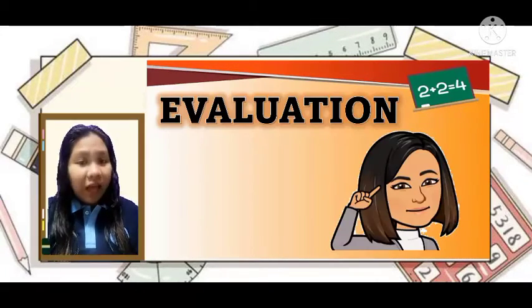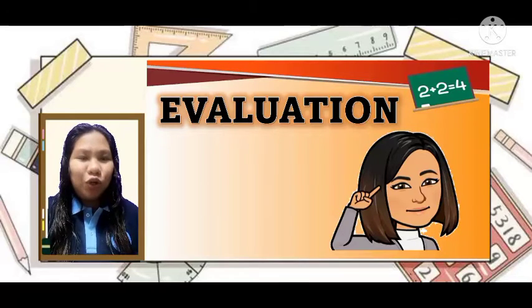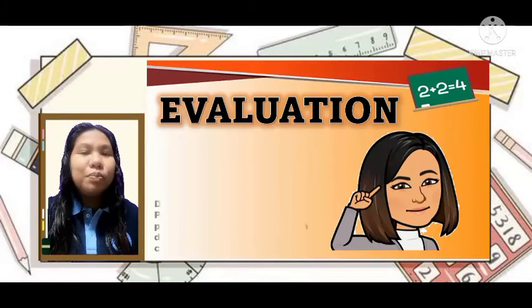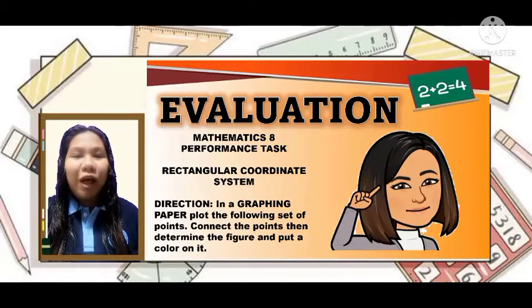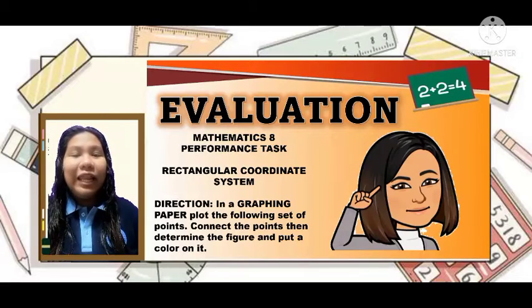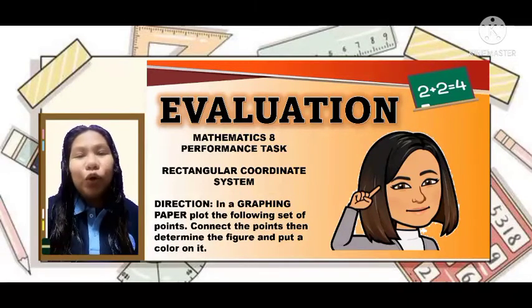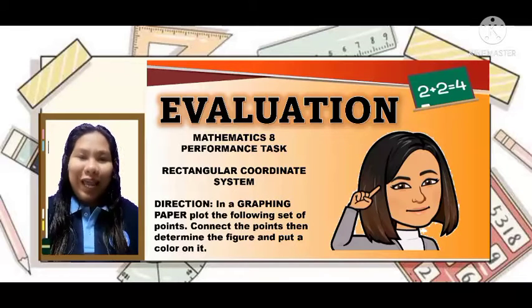Great! Now, for an evaluation, I will give you your first performance task. Your instruction is, on graphing paper, plot the following set of points, connect the points, then determine the figure and put color on it.